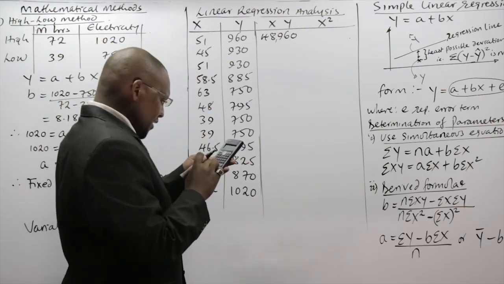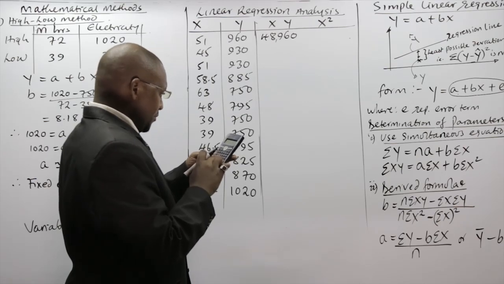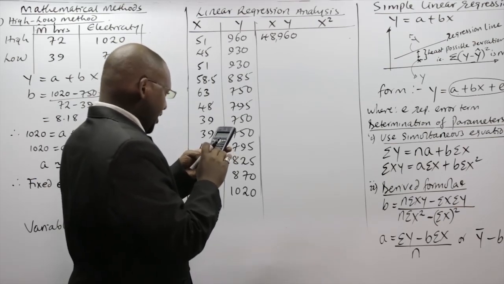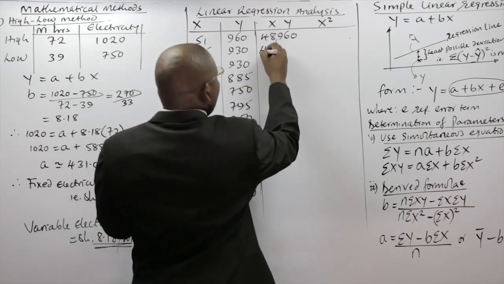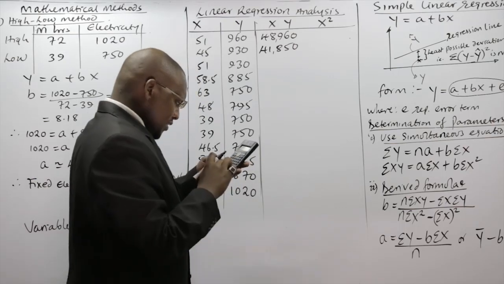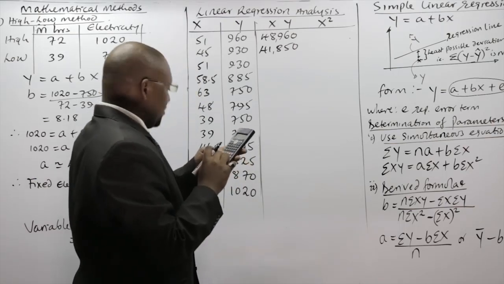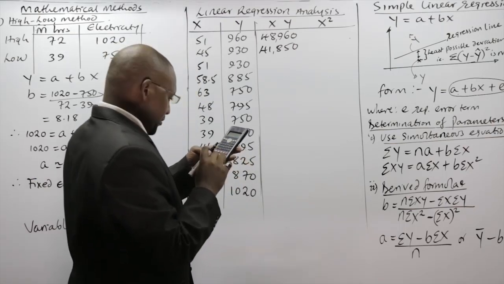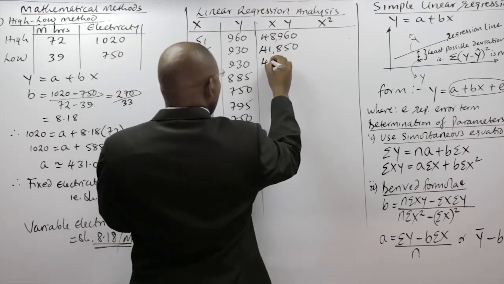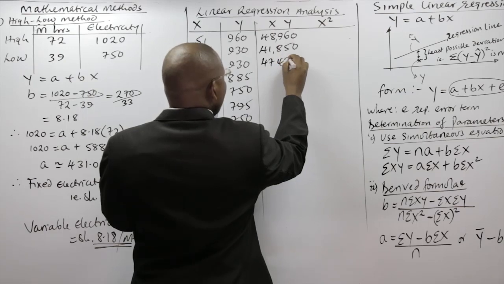I am having 45 times 930, which is 41,850. 51 times 930 again is 47,430.